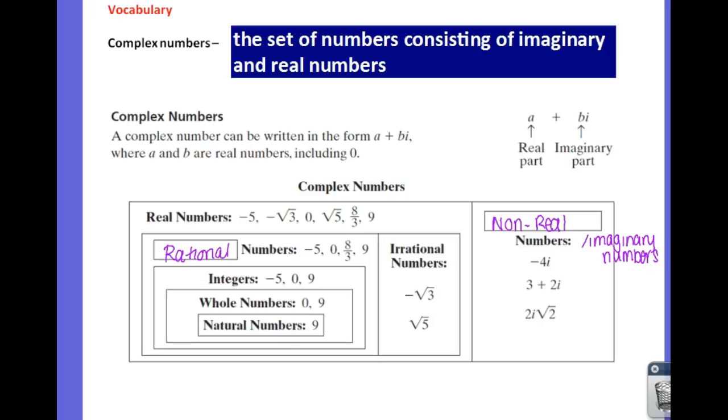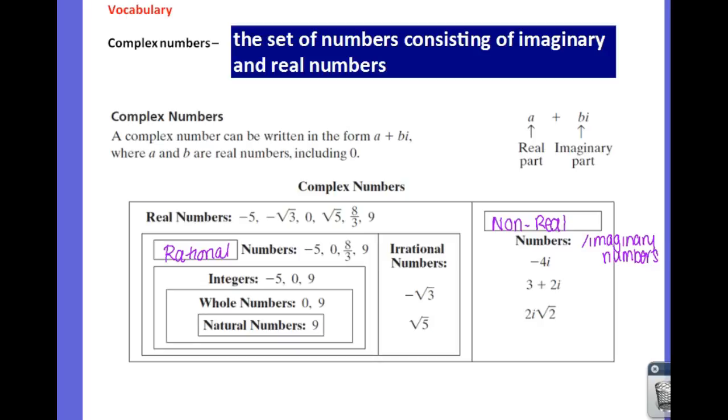We had a couple examples on our homework the other day where we were square rooting numbers and some of the numbers had i's and some didn't, and they were being added and subtracted together. Those were considered complex numbers.